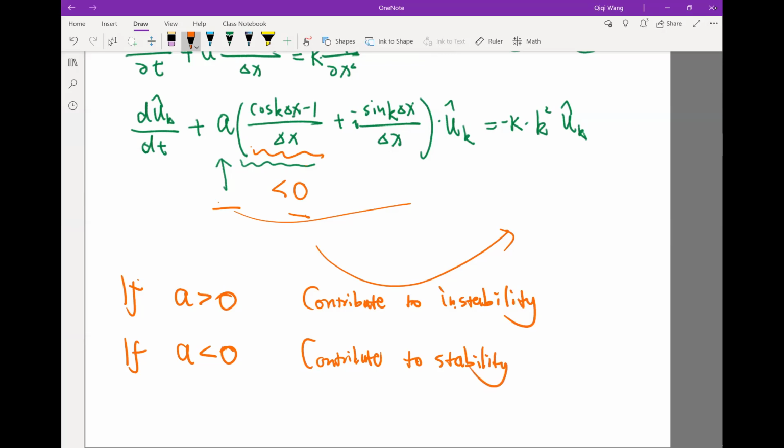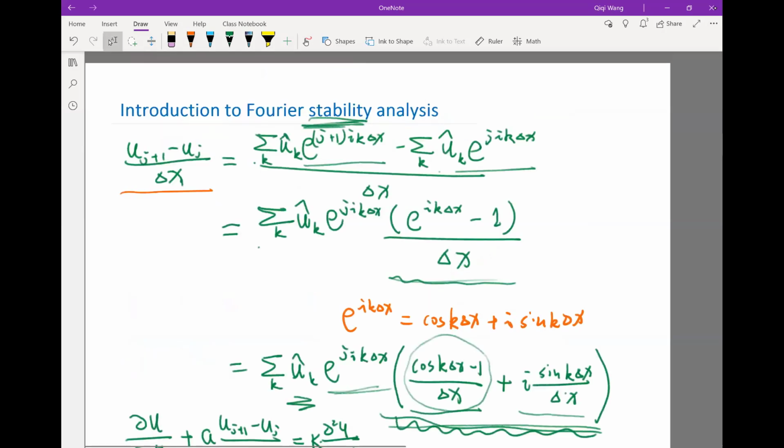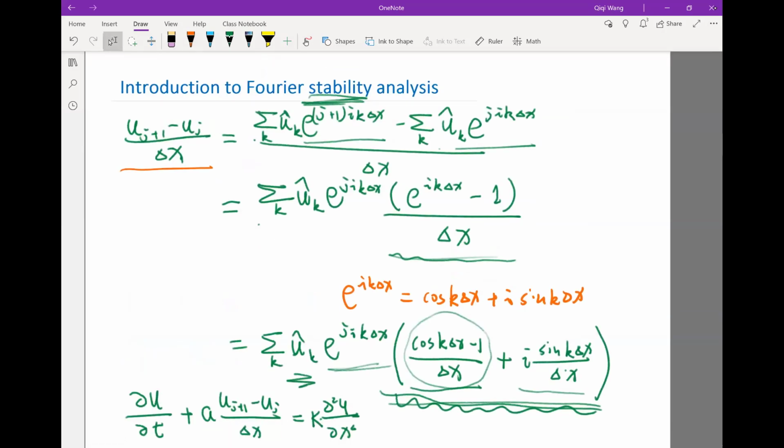So that's why you actually want to use some upwinding. When a is less than 0, the wave is moving from right to left, and looking towards the right is actually looking towards the upwind direction, right? So it's upwinding.